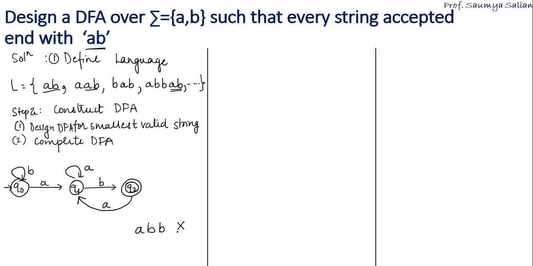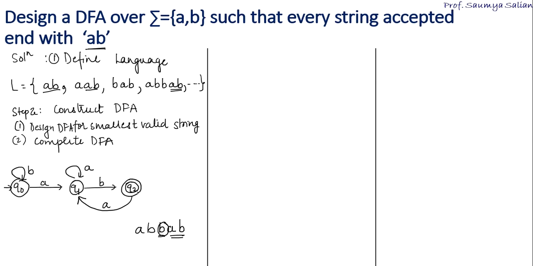So I know I have to show a transition of B such that even if I get an A and then B, it should reach the final state, because now the string becomes valid since it is ending with AB. So where shall I put the transition of B at state Q2?